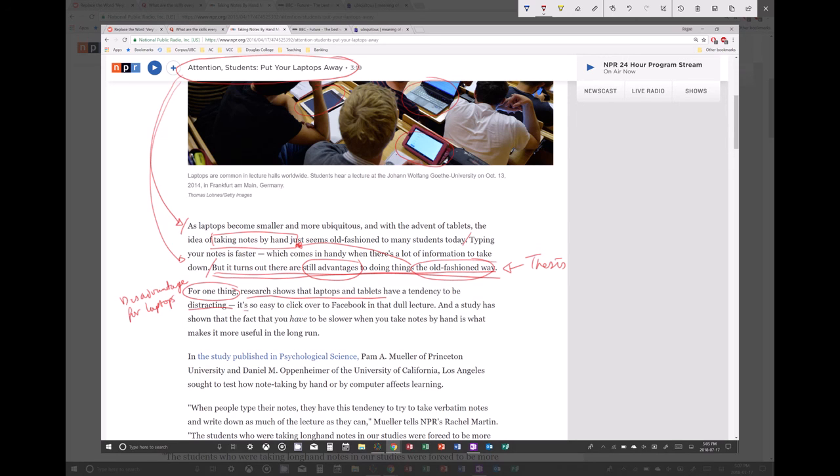And it goes on to say why it can be distracting. And then another study, which really should be cited, but I'll leave that alone for now. What does it show? Well, here it talks about how students have to be slower when you take notes by hand, which doesn't sound good at first.